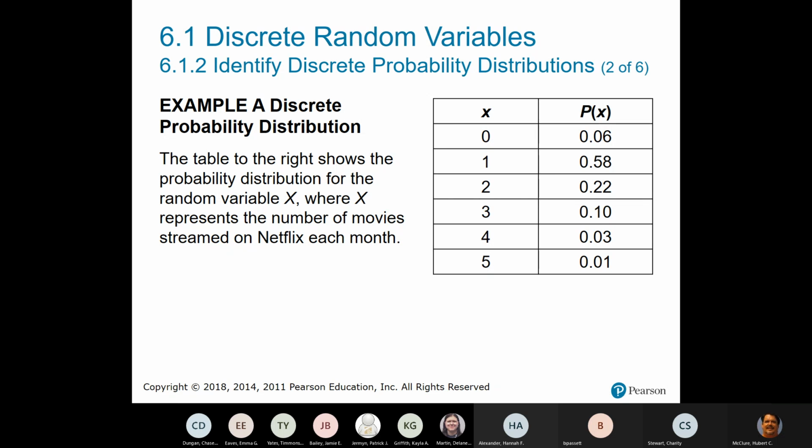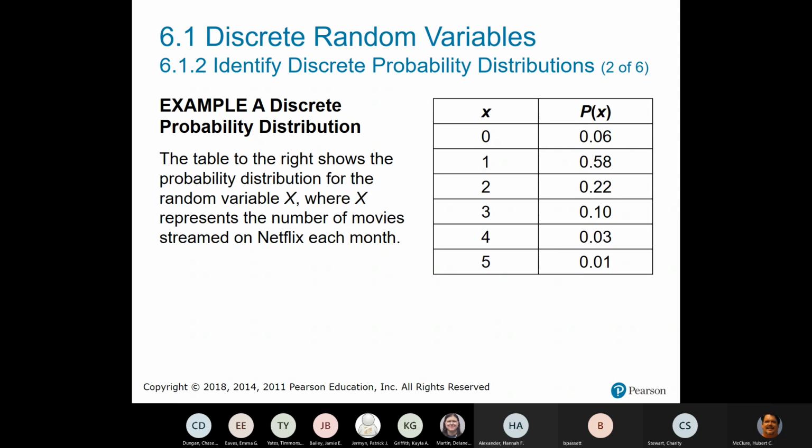Or 0 boys, 1 boy, 2 boys, 3 boys, 4 boys, 5 boys. Or games in a series. I mean, what's the probability of them winning 1 game, 2 games, 3 games, 4 games, and 5 games? The P of X on the right is the probability of that event.